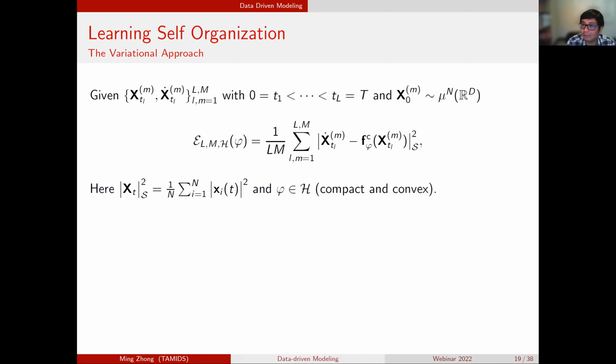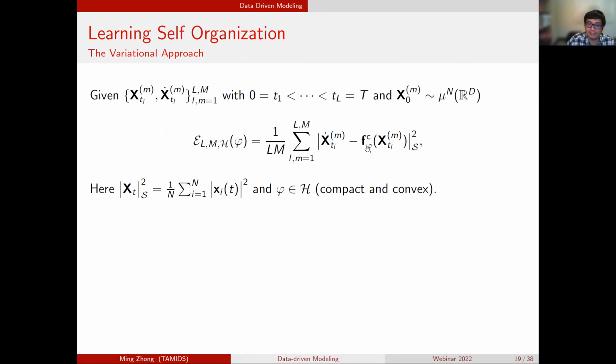Okay, and then I'm going to construct an error functional, a loss functional, that tries to minimize the distance between the true derivative of my observation data and the predicted derivative, which is based on this test function varphi here.